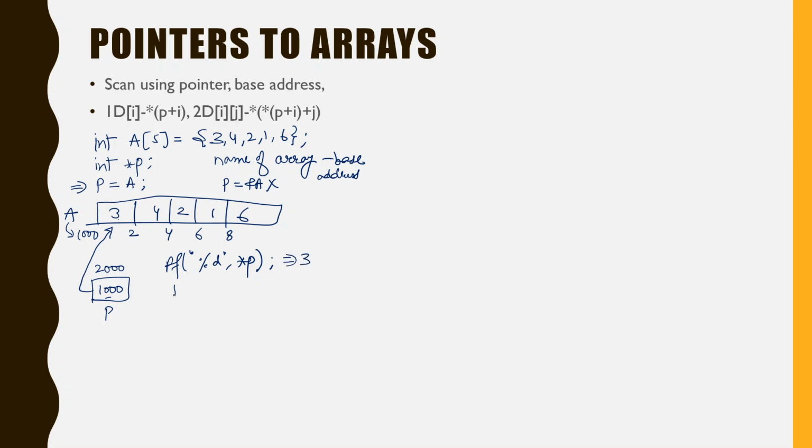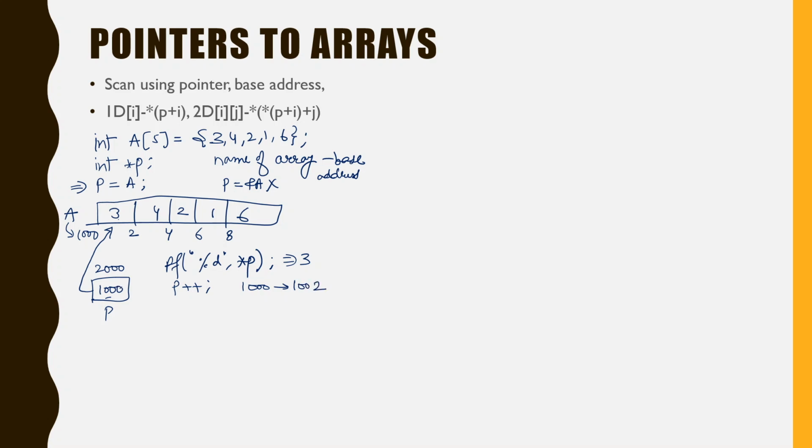Now if I do p plus plus, what does it mean? p is an address variable, a pointer variable, so it has some address in it. If you want to increment it, this increment would not be a normal increment, but it would lead to a contiguous memory. So it would change 1000 not to 1001 but to 1002.